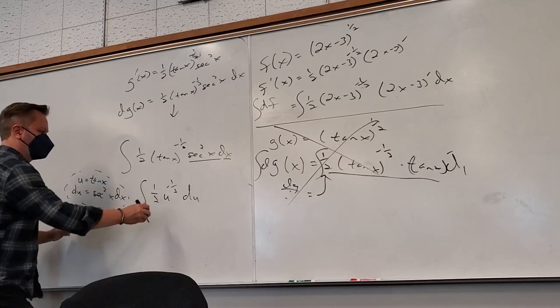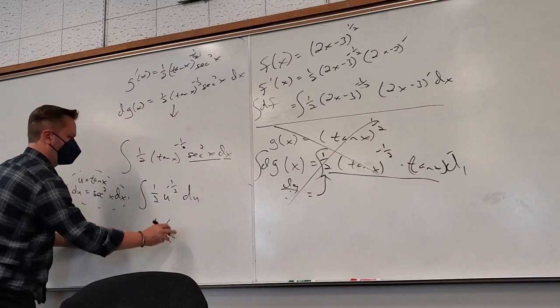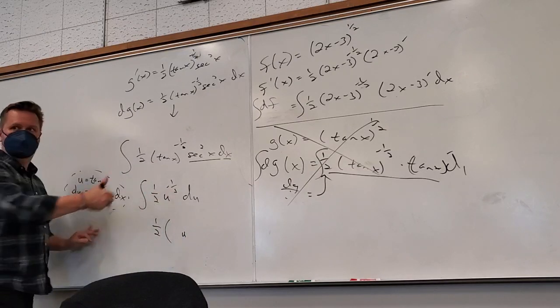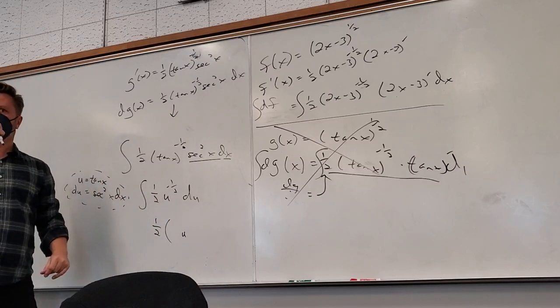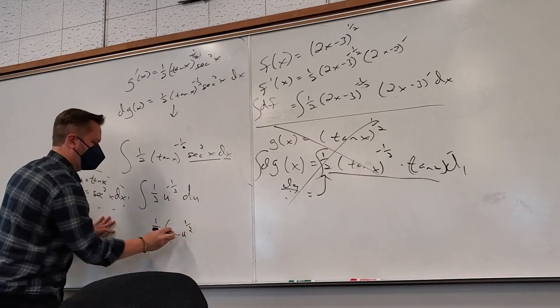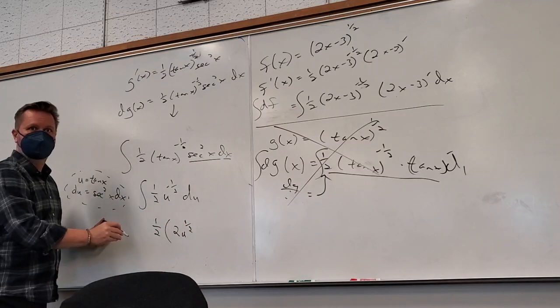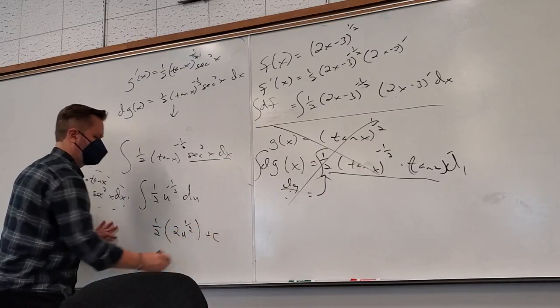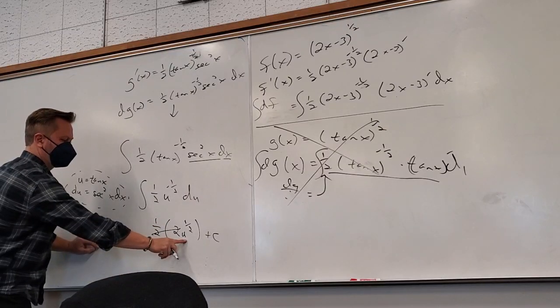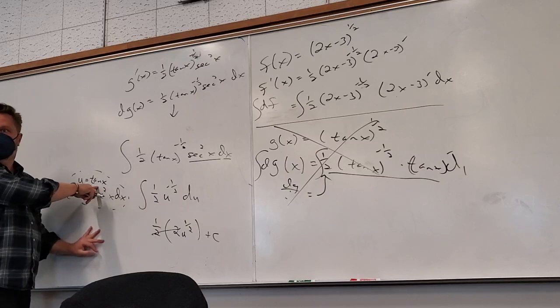What would happen to this integral? Let's do it step by step. That would become u to the, goes up by 1, so u to the 1/2, divided by 1/2 is times 2, yes? 1/2 and 2 cancel. What was u? Tangent x.